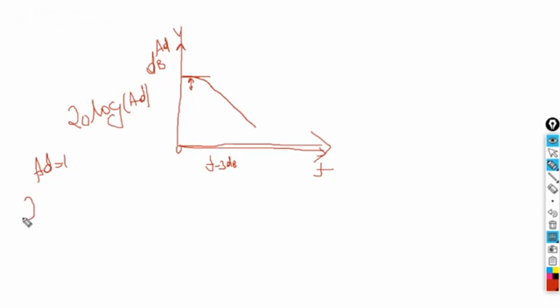That means 20 log AD, 20 log 1 base 10, is equal to 0.